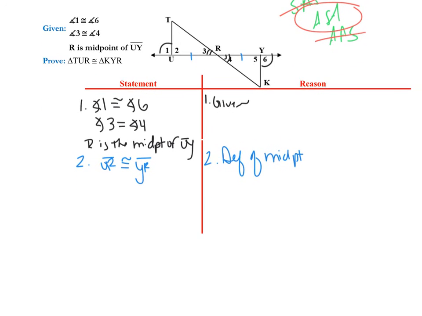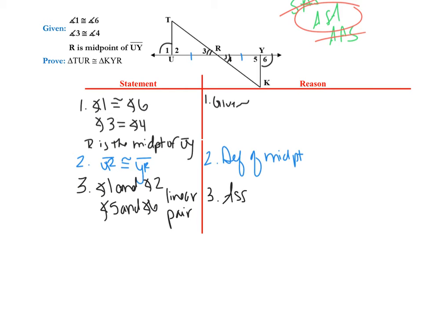Well, looking at the diagram, what information can I pull? I know that angle 1 and angle 2, as well as angle 5 and angle 6, form a linear pair or straight angle. You can say either one, and that's assumed from the diagram.